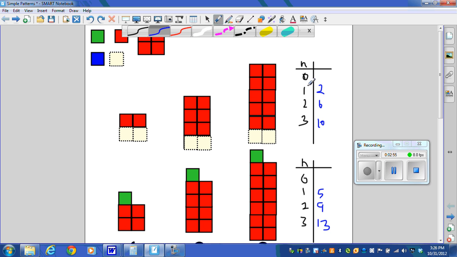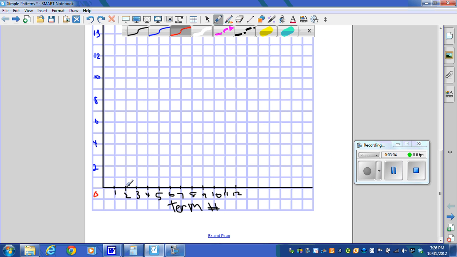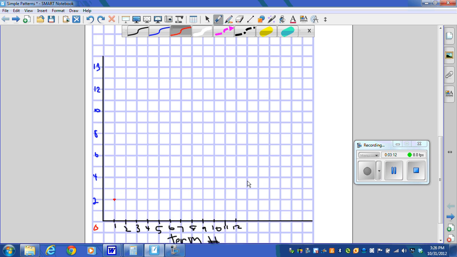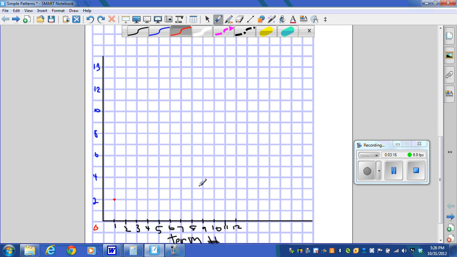Your term number for the first pattern has a value of 2, so I'm going to use red. Go down to my graph. My first term has a value of 2, so I'm going to plot that point right there. My next has a value of 6 and then 10, so I'm going to plot that as well.